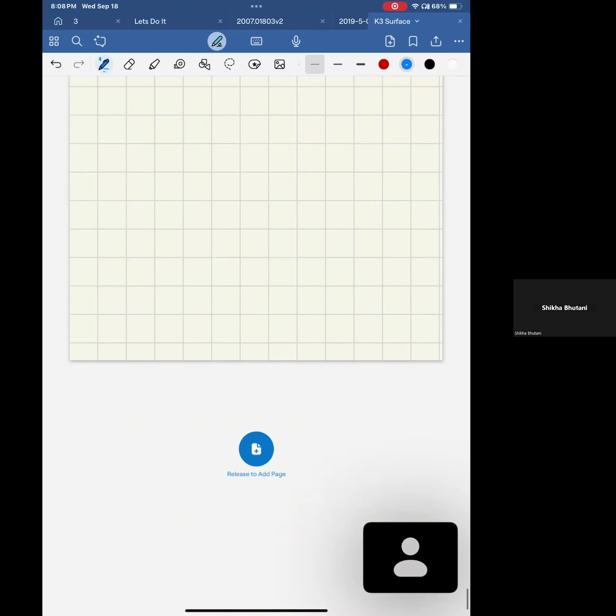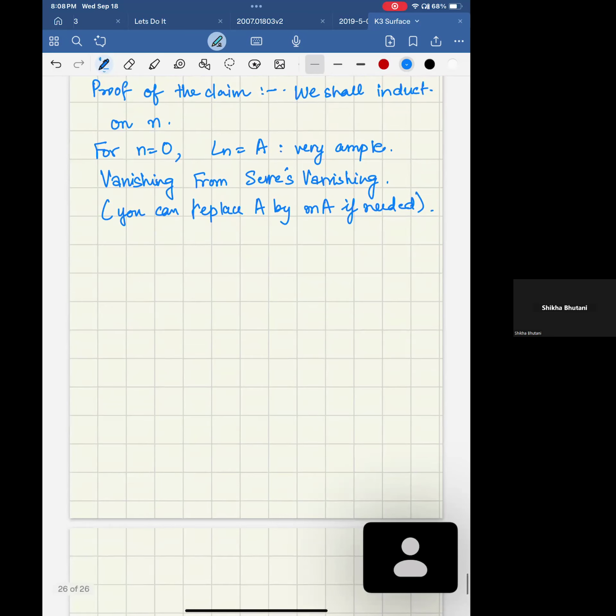Okay. So now let's induct on n and assume the claim holds for n minus 1, right? Then consider the short exact sequence given by 0 to O of minus E to OX to OE to 0.